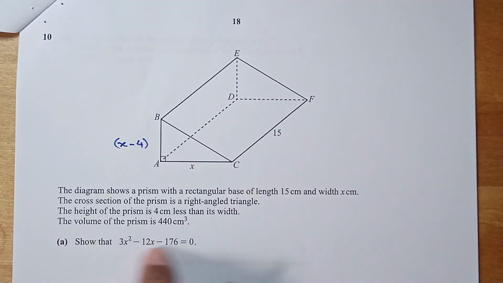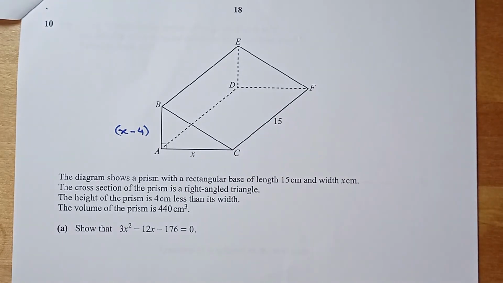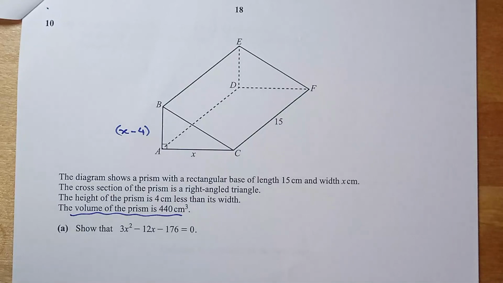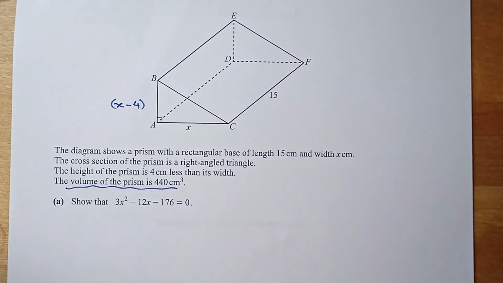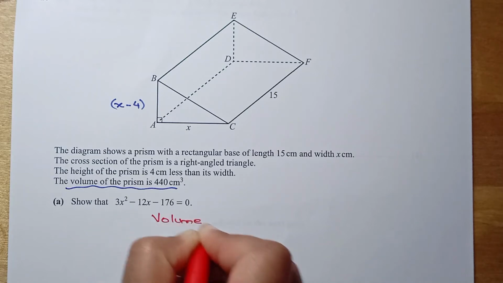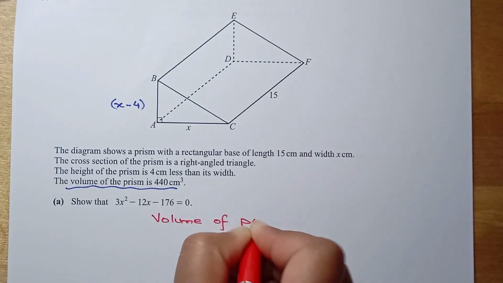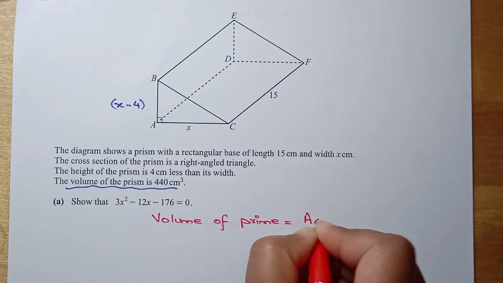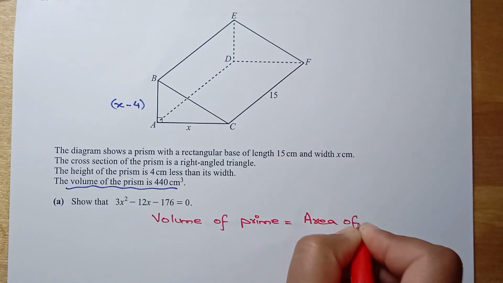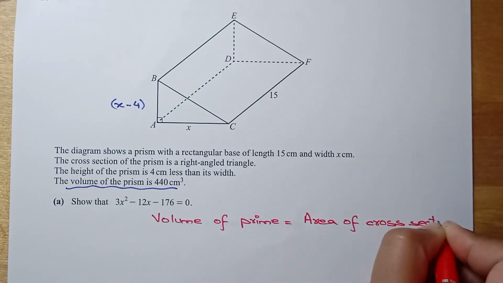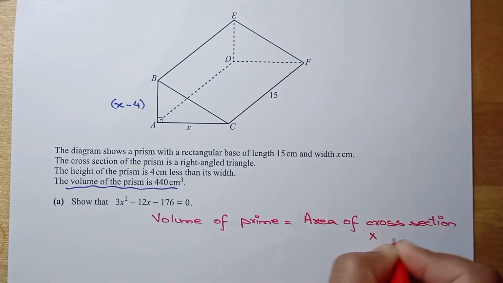In A part, show this equation. So we can show this equation by using the information of the volume, and we know that the volume of any prism is equal to area of cross section times length.